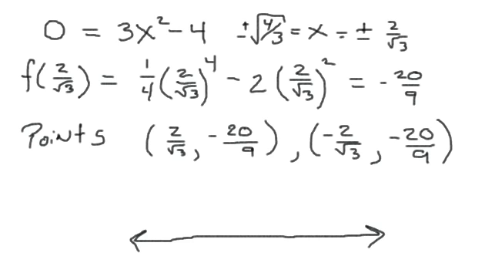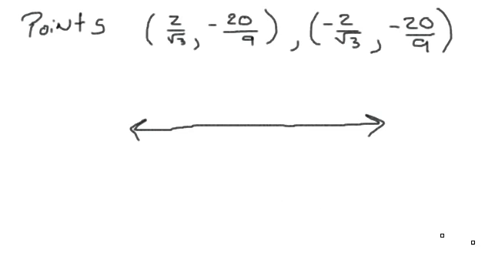So let's do that. So we'll put negative 2 over the square root of 3 here, and how about 2 over the square root of 3 here.